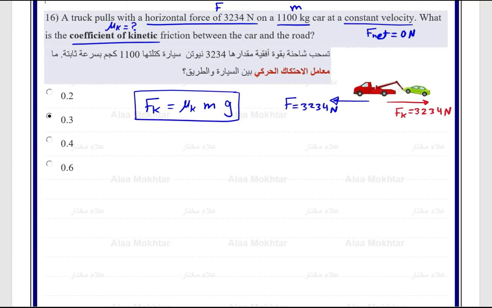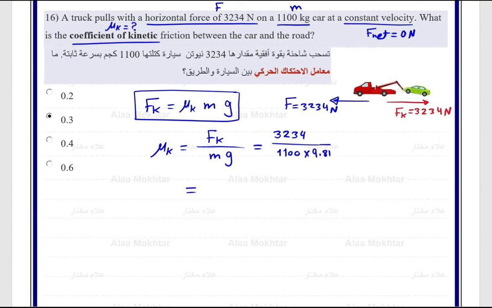He asked about what? Mu k. So mu k is equal to Fk over mass multiplied by g. Fk is 3234, the mass is 1100, g is 9.81.